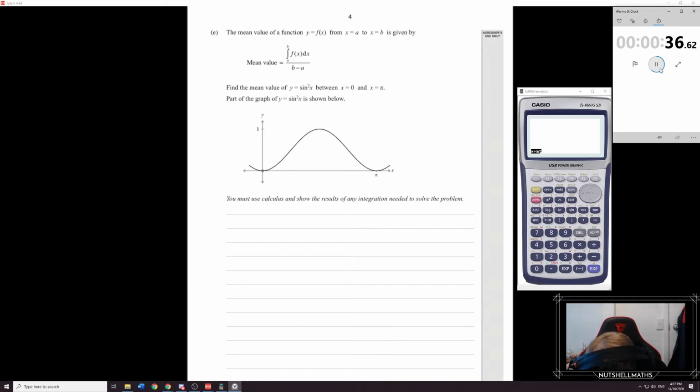So we want to find the mean value. Okay. So the mean value includes this piece here, the area between a and b. And in this case, this is a and this is b. So this is the blue part.